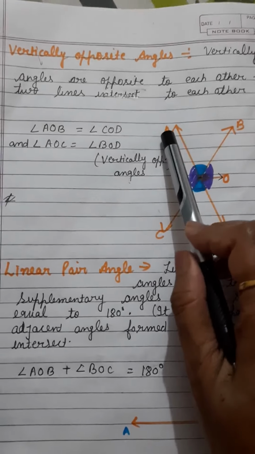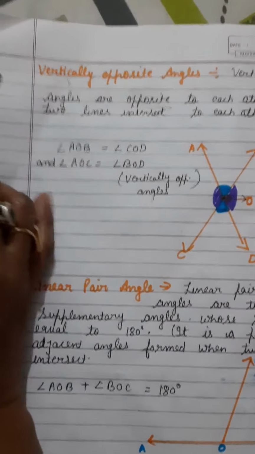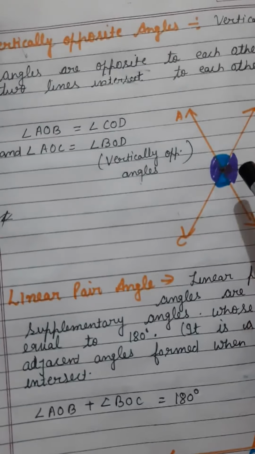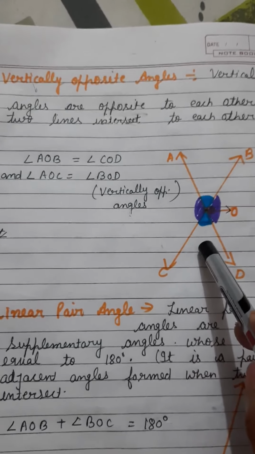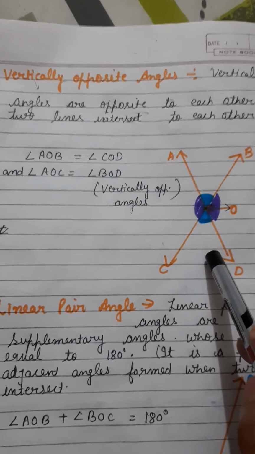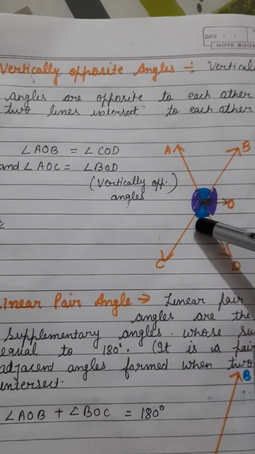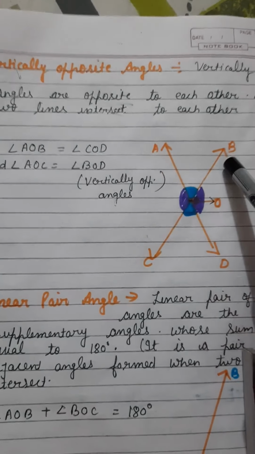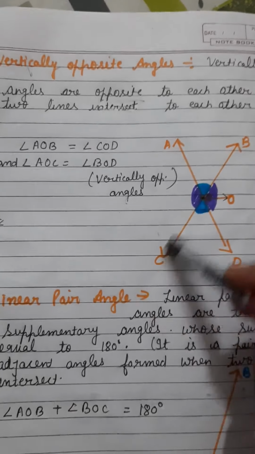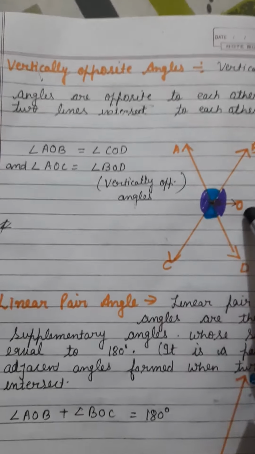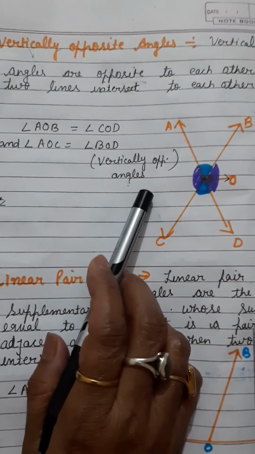So angle AOB and angle COD are always equal, because they are opposite to each other, and in vertically opposite angles the opposite angles are equal to each other. This angle and this angle are equal. Like this way, angle BOD and angle AOC are vertically opposite angles and they are equal to each other. This is called the vertically opposite angle.